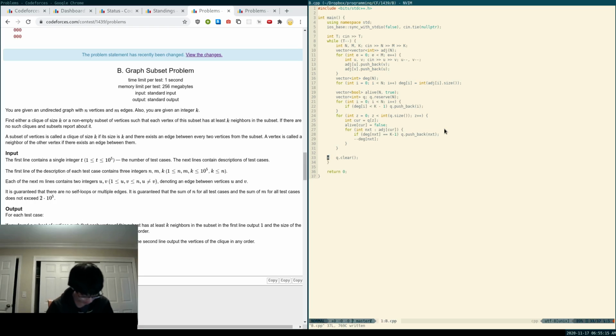We take all the k minus 1s, and we delete them. The total number of vertices here is at most m over k already, right? For each vertex, you don't really want to run O of k squared time.